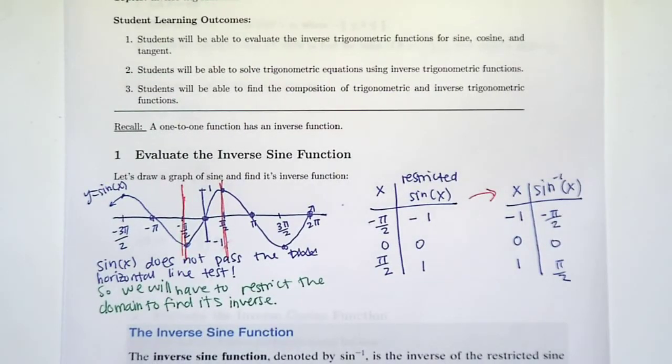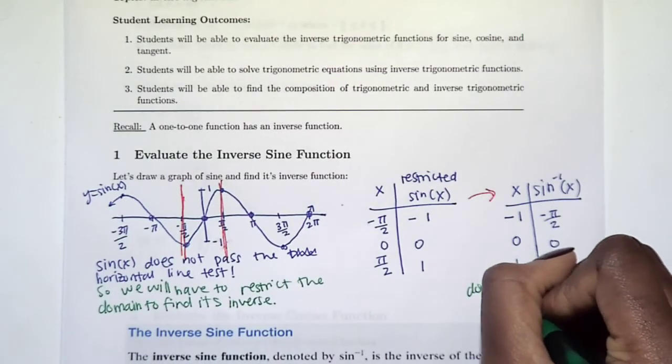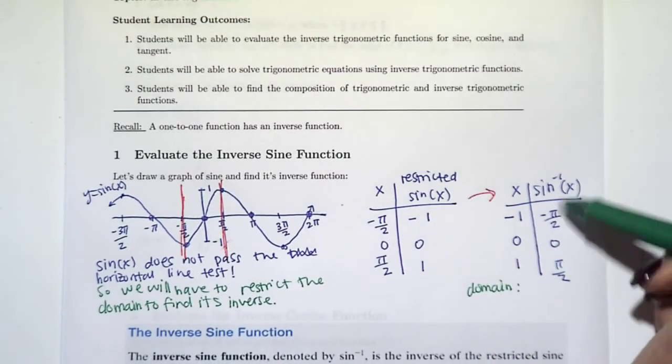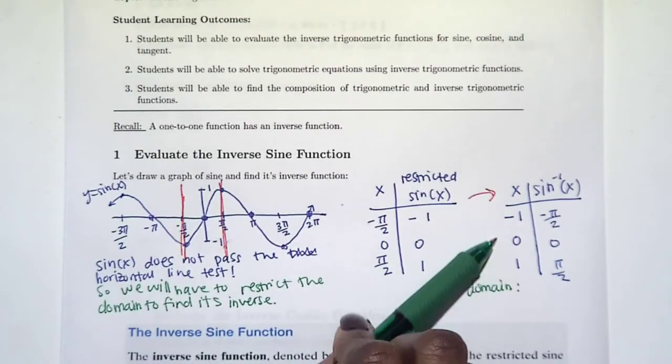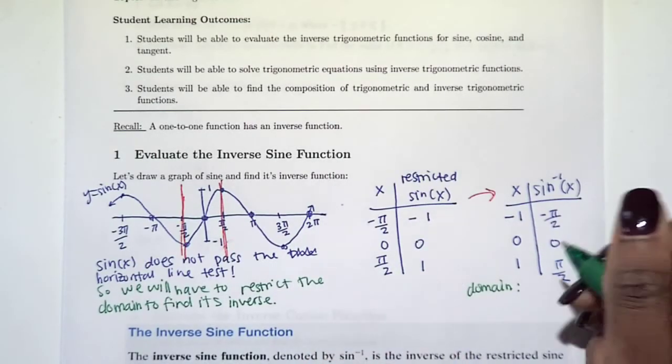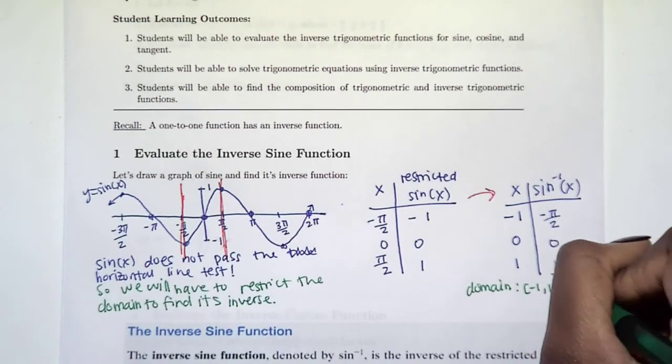Okay. So can you tell me the domain of this function of sine inverse? So what are the possible x values? Well, x values are always going to be between -1 and +1.